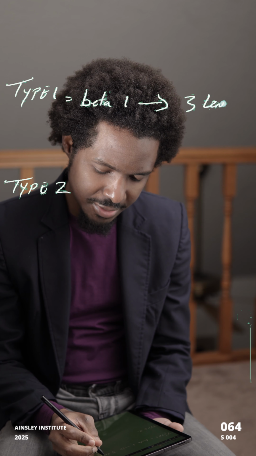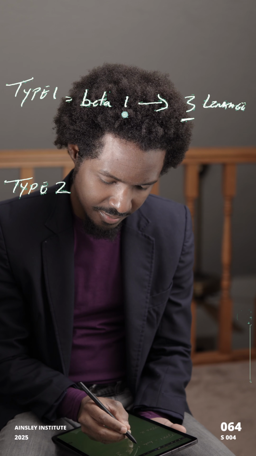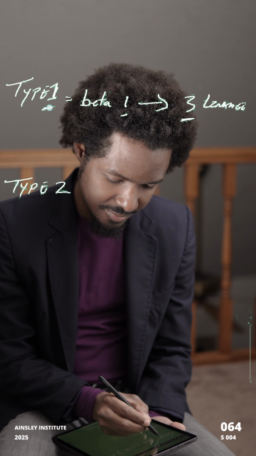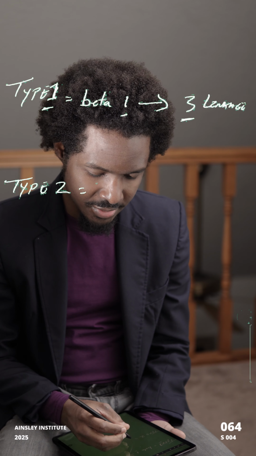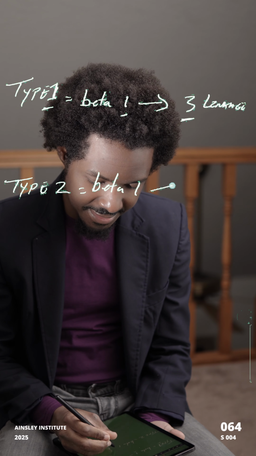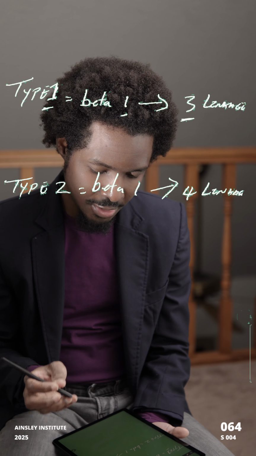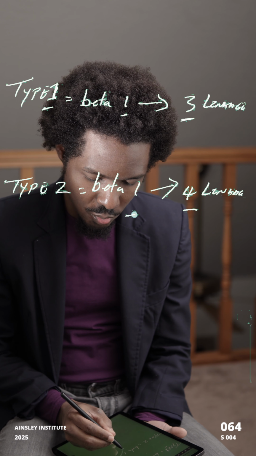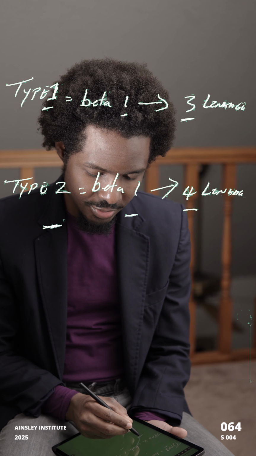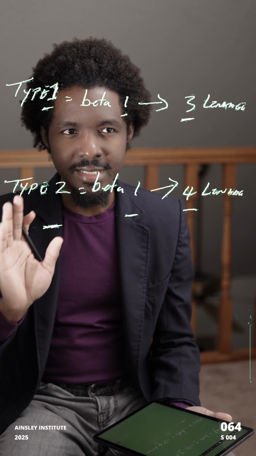So we have 3 linkages: 3, beta 1, and type 1. For type 2, as we discussed before, we have the same beta 1, but this has 4 linkages. So I want you to observe, 4 rather, type 1 and type 2. So this is basically type 1 and type 2.